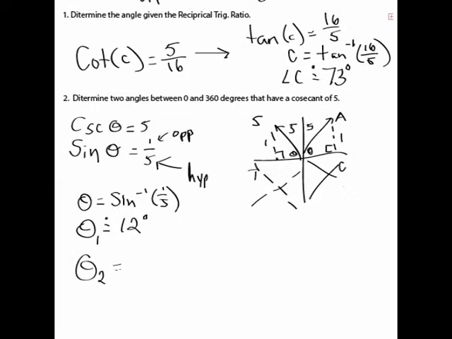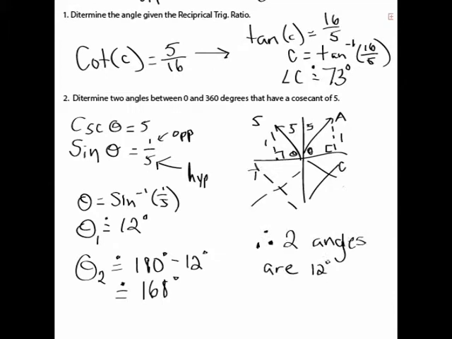If we take the measurement of theta 2, it would be approximately equal to 180 degrees minus 12 degrees. This second theta is approximately 168 degrees and would be the angle in the S quadrant. Therefore, the two possible angles are 12 degrees and 168 degrees.